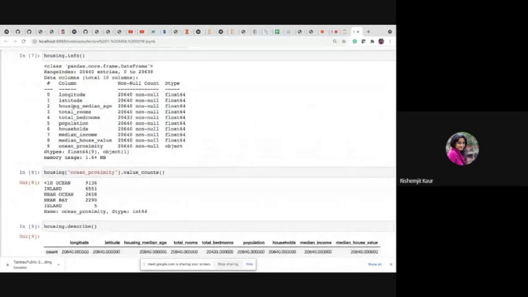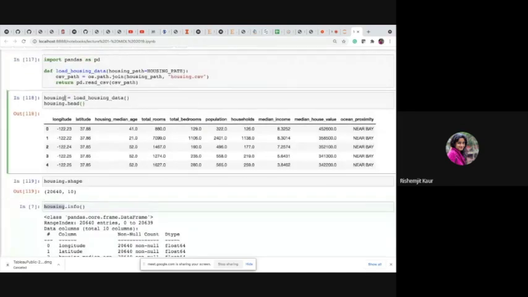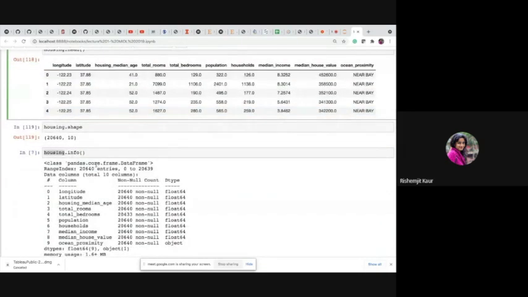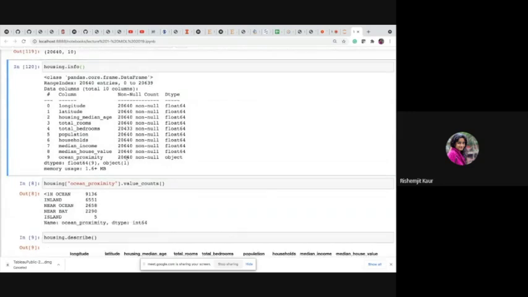And if we further look into what kind of variables these are, we will see that these are the ones which are float in nature. This is the one which is object. So housing.info, housing is the variable where we have stored our data. You will notice we will be using this name throughout the next session, throughout this coding session.